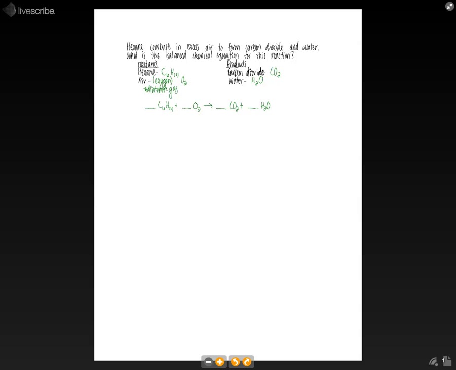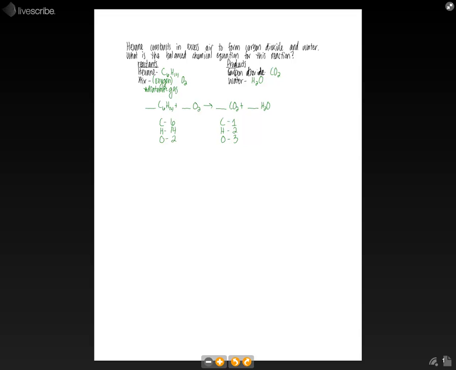If we look at the left side first, we have a total of 6 carbons, 14 hydrogens and 2 oxygens. On the right-hand side, we only have 1 carbon, 2 hydrogen and 3 oxygen.